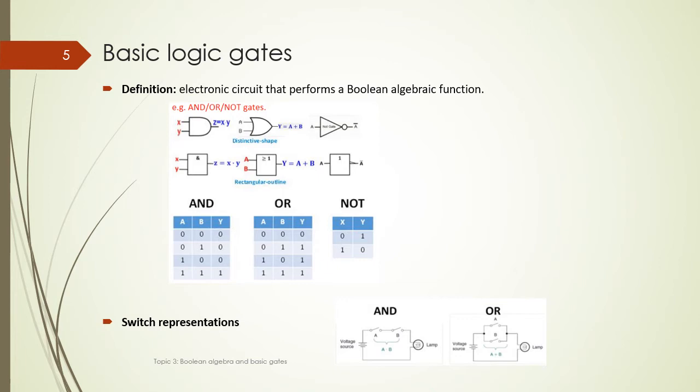And there are two different symbol systems. One is called distinctive shape, so you can see the shape of each function is different, right? And the other is called rectangular outline. The shape is all the same, but we put some extra stuff inside the rectangle to separate different gates.